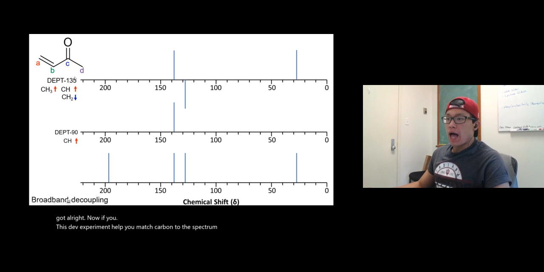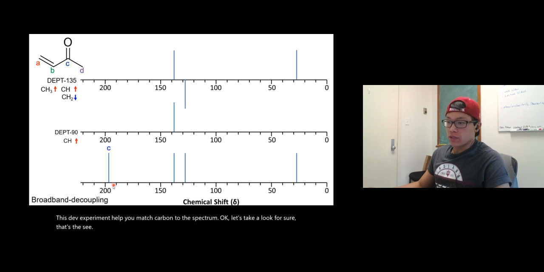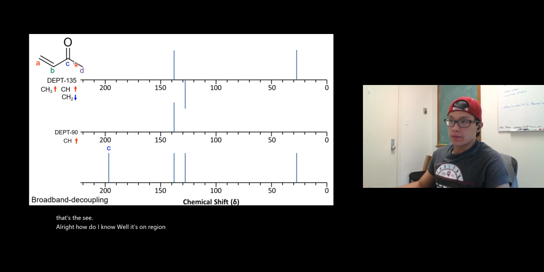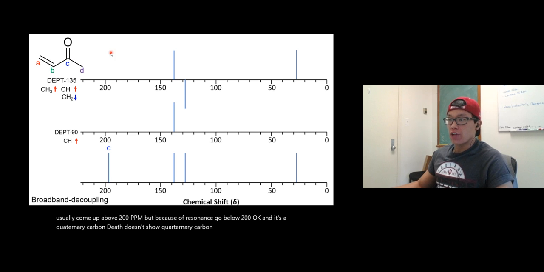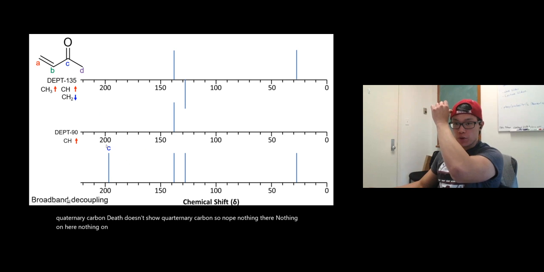For sure, that's C. How do I know? It's in region number 4, below 200. That's a ketone. Ketone and aldehyde usually come above 200 ppm, but because of resonance, go below 200. And it's a quaternary carbon. DEPT doesn't show quaternary carbon, so nothing there, nothing here. So that's C for sure.